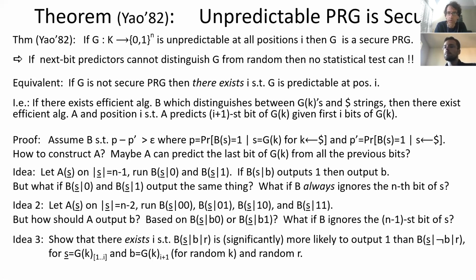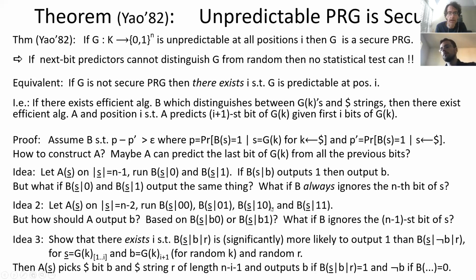So we will show that no matter what B does, there must exist this index where the way he acts on strings like that and strings like that is different by a non-negligible amount. Okay, so I have this reduction here. A, given an I bit string, picks this bit at random, fills in the R's, and if B outputs 1, then it outputs B, and if B says 0, then it flips it.